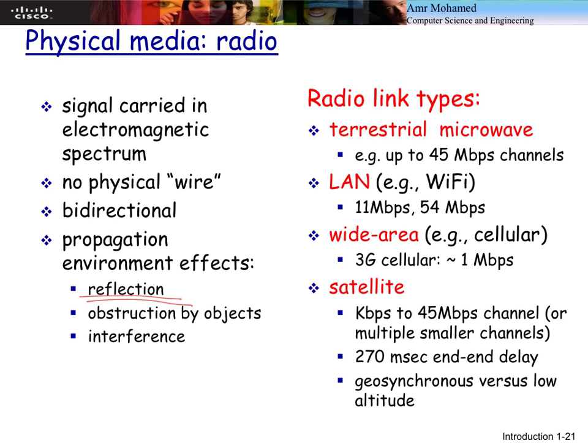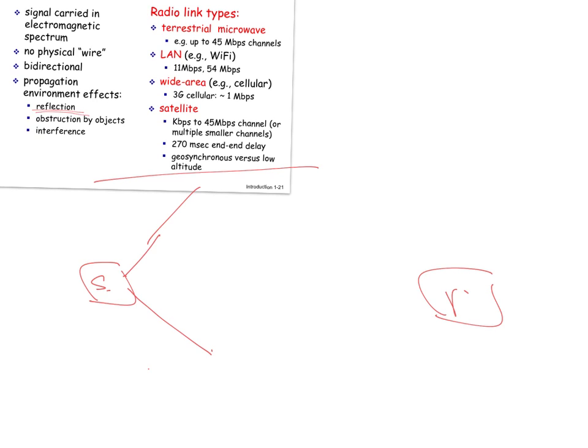So you have one source that tries to send to a receiver. The source sends a wireless signal which actually gets broadcast in the air. And then part of the energy of this signal gets propagated in a straight line.